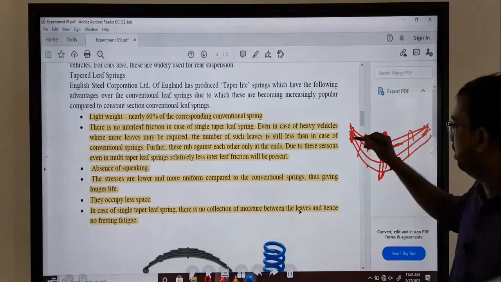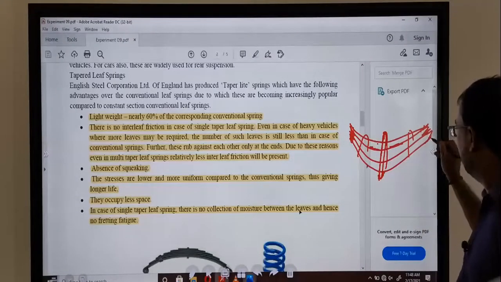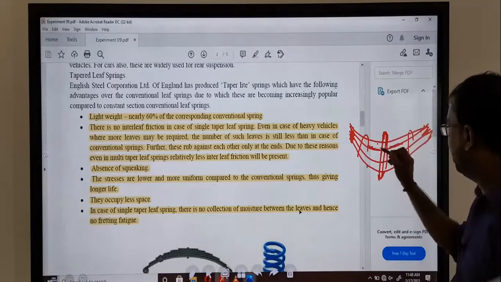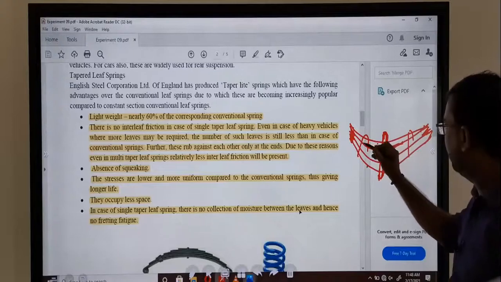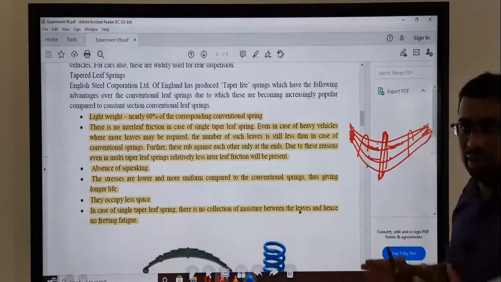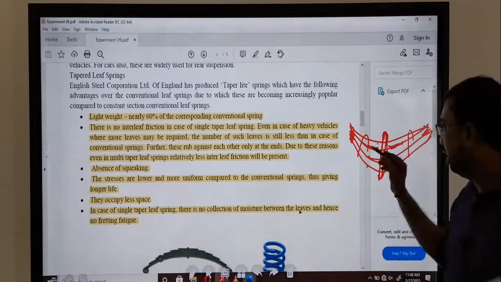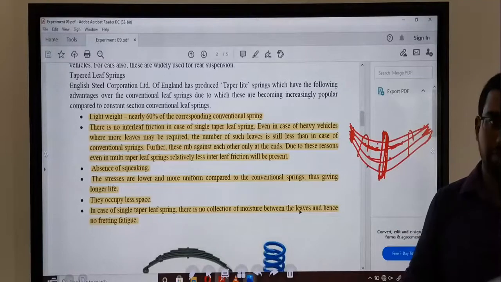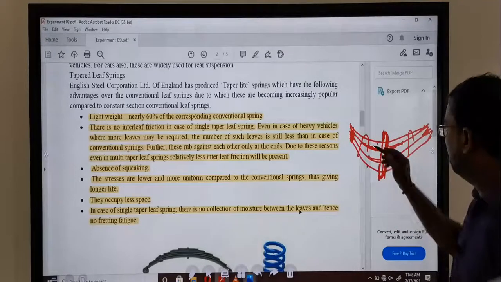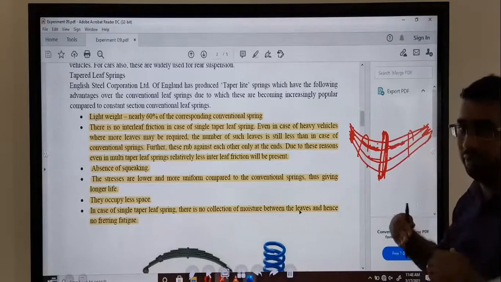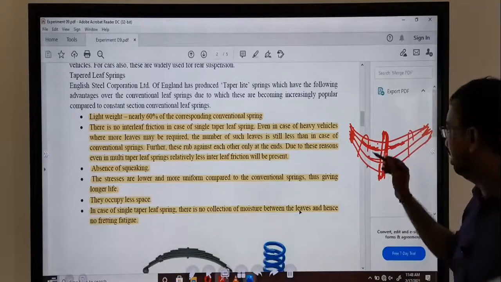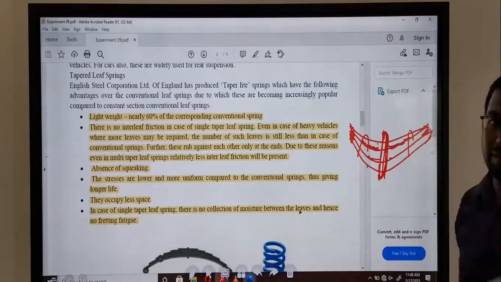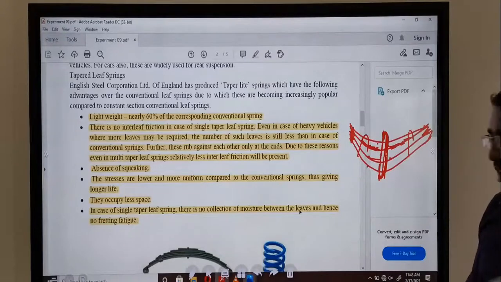So the tapered leaf springs don't have much interleaf friction in this area because it is highly compressed by hydraulic power and then held by the center bolt, so there is no movement within. That's why only the ending points have the friction.